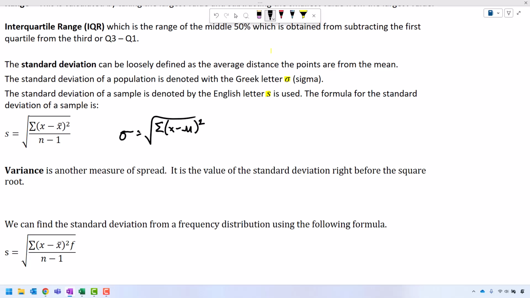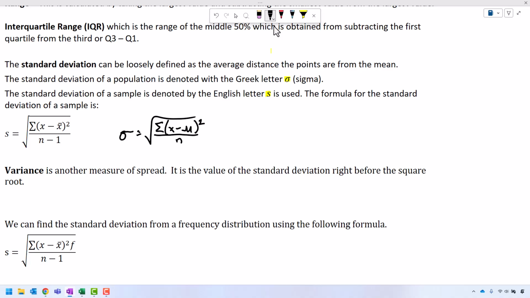Notice we just switch to population values here, and then we divide by n instead of n minus 1. So really similar, just a little bit different. And then the variance is actually the value of the standard deviation right before we take the square root. And it should be that value exactly.